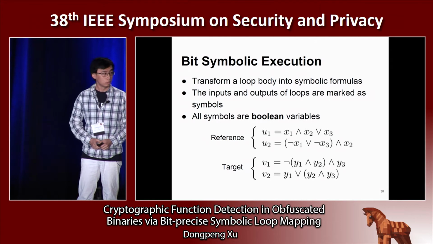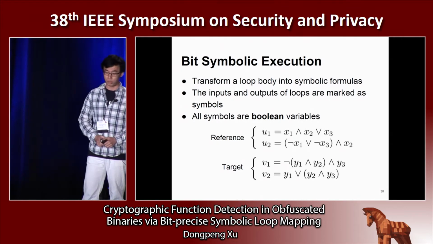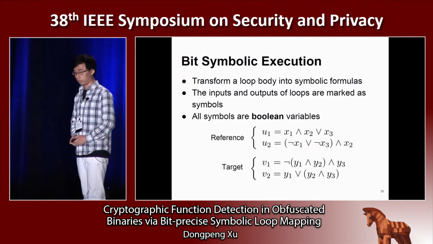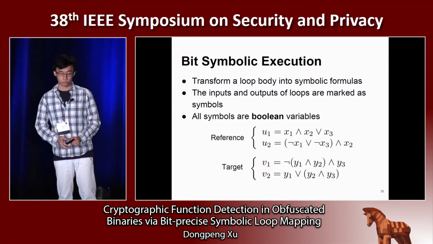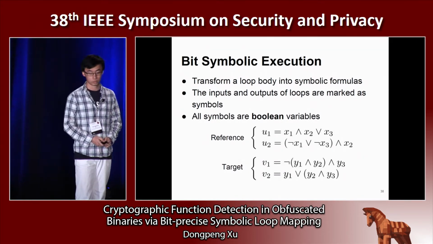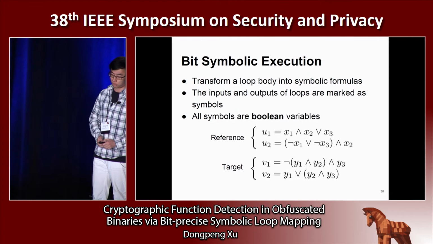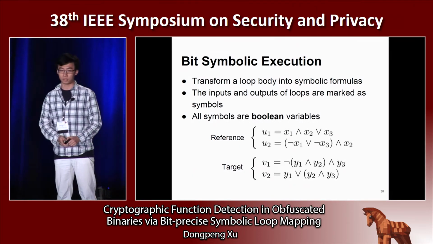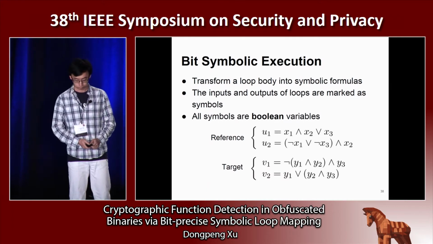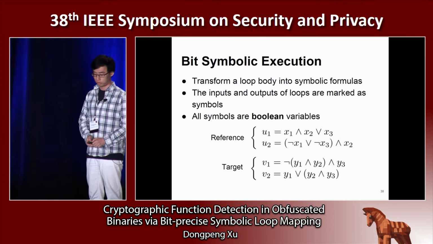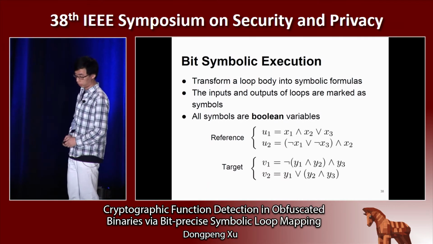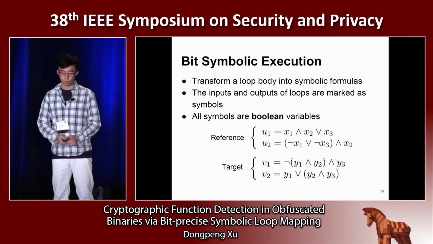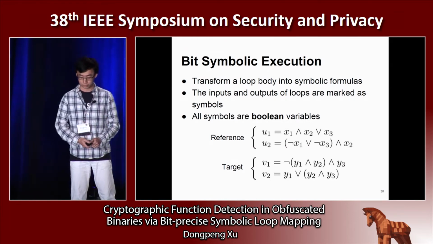After we extract the loop bodies, we run bit symbolic execution on the loop bodies to transform them into boolean formulas. So here is our core contribution. We actually extract the fine-grained semantics of a crypto function. In all those formulas, the variables are all boolean variables.